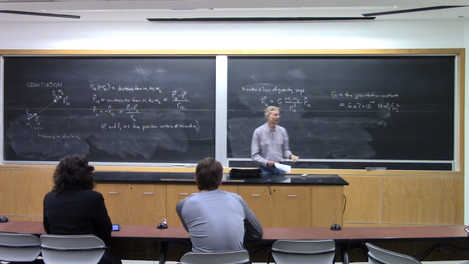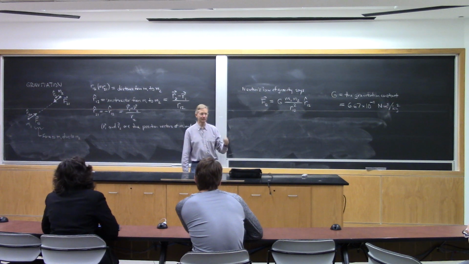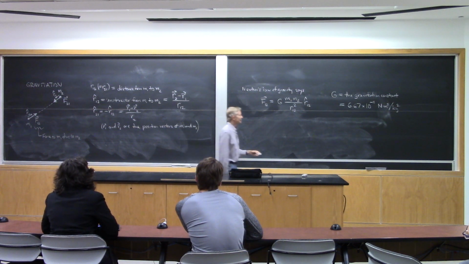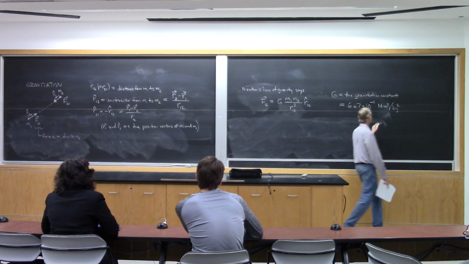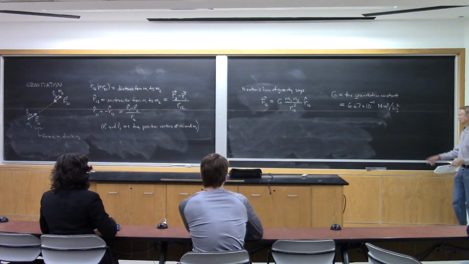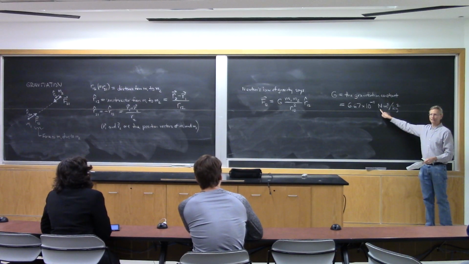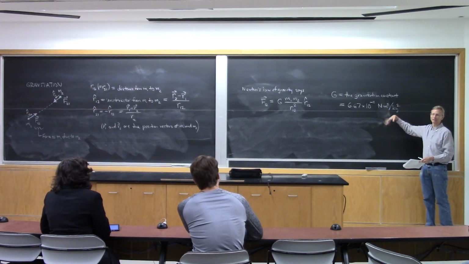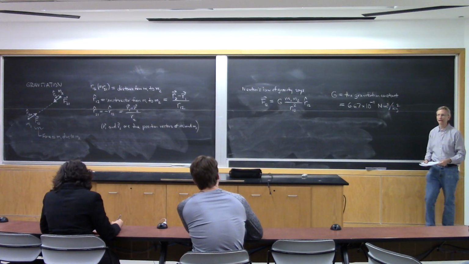Of course, if you want, you can express this entirely in terms of meters, kilograms, and seconds, but it's often more convenient to think of it like this because you want the force to be in newtons. Remember that a newton is a kilogram meter per second squared, so you could turn it all into meters, kilograms and seconds.